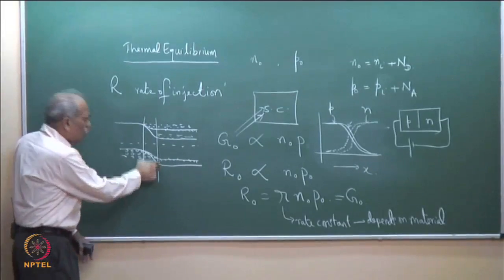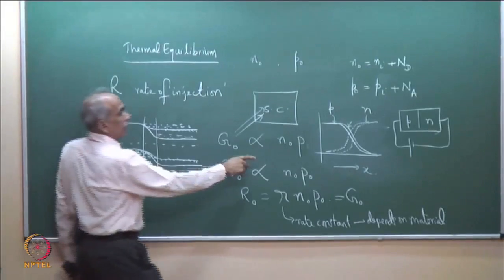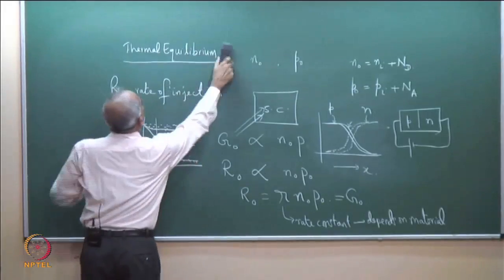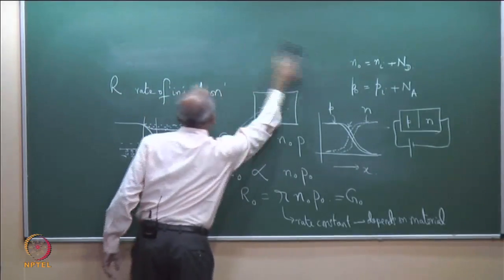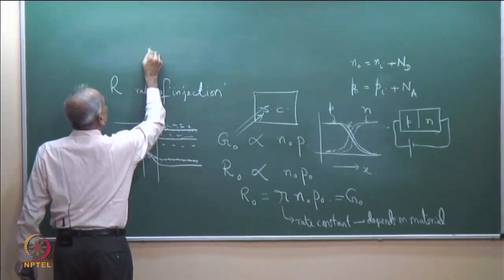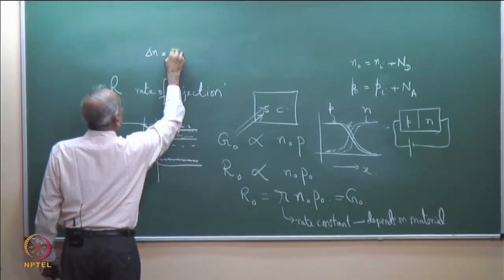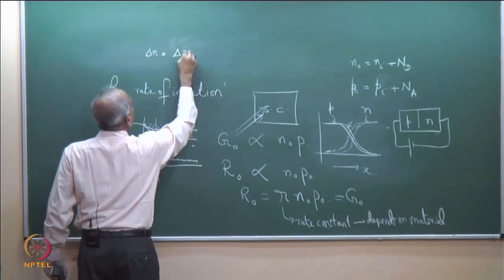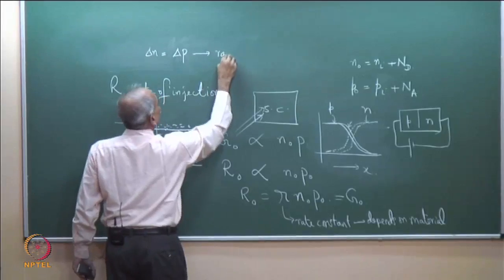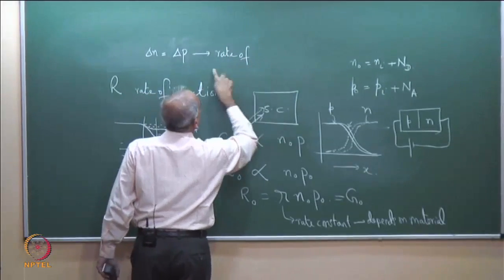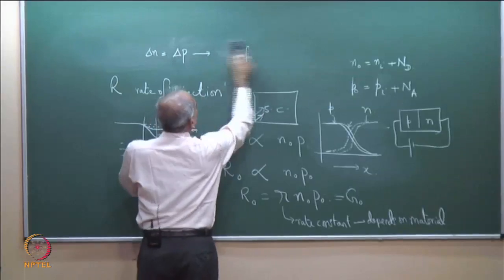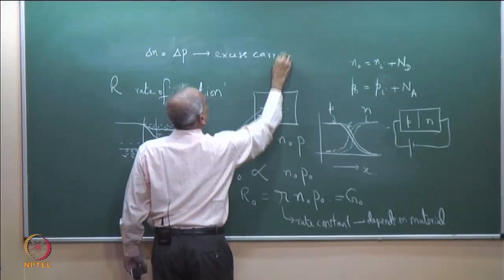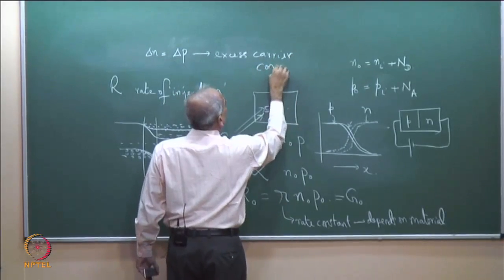And therefore, if I look at the junction region, if R is the rate of injection, which means delta N equal to delta P is the rate of carrier injection, that is excess carrier concentration.